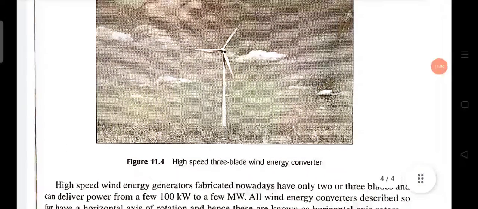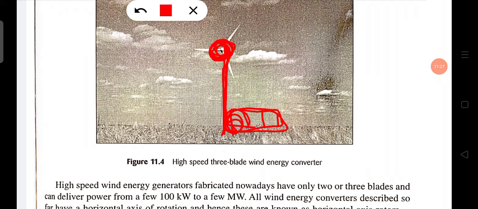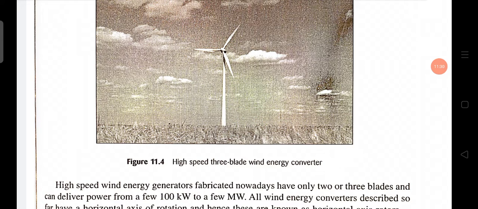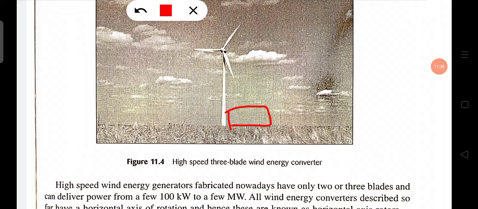In a vertical axis machine, the generator is on the ground, and a transmission line transmits the rotation to the generator. The advantage is that since the generator and motors are on the ground, repairing them is easier.